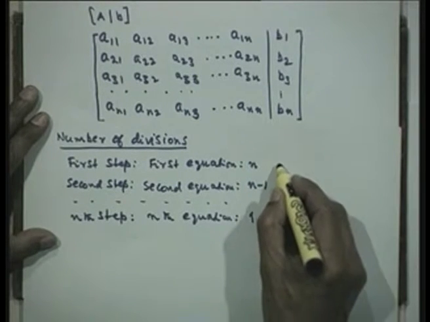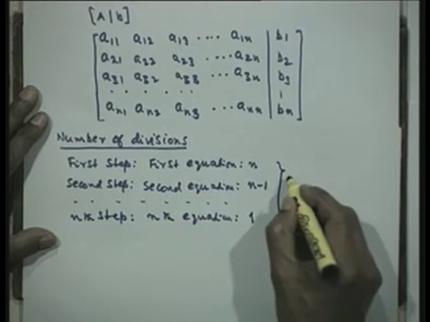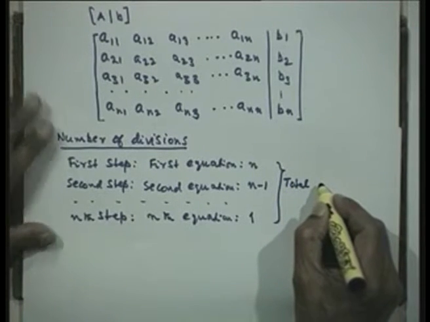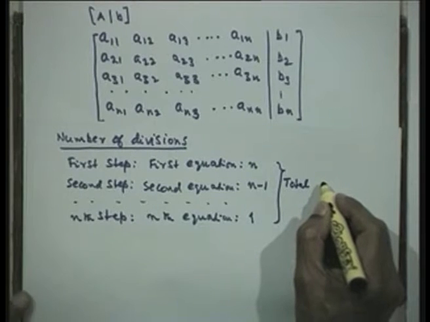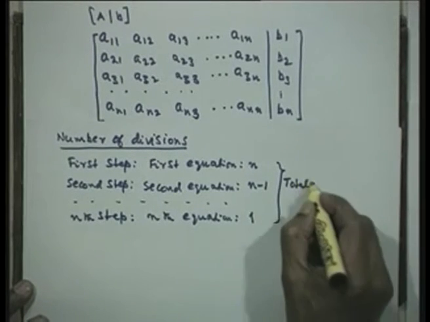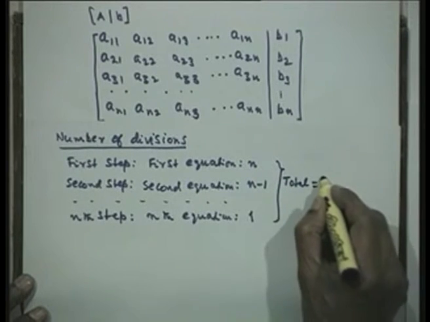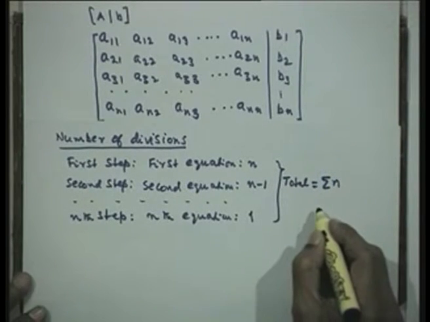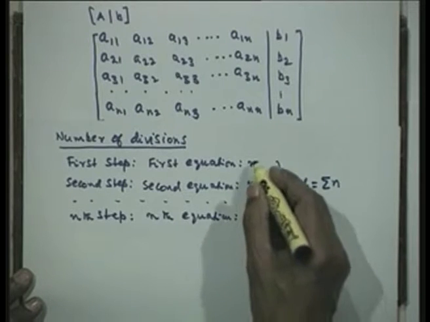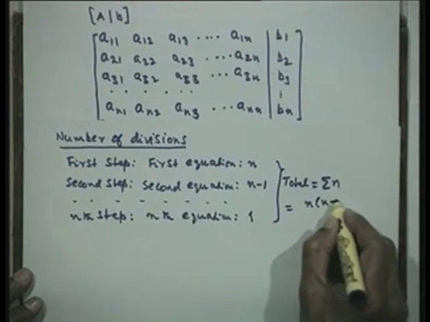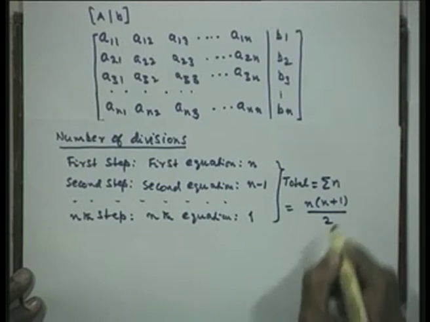Now, let us write this as total. Total is 1 plus 2 plus 3 and so on up to n. So, that is your summation of n, which is equal to n into n plus 1 by 2.